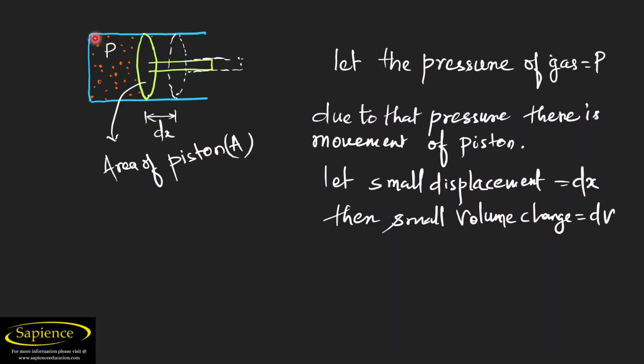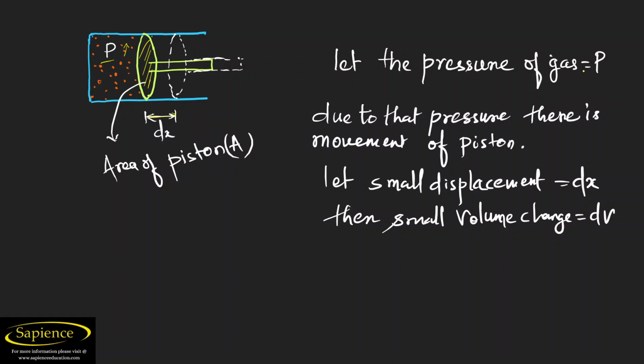See here, this is the cylinder, this one is the piston, there is a pressure, and this is the area of the piston, denoted as A. When there is a pressure, due to the increase in pressure or due to the gas, there will be a displacement dx.